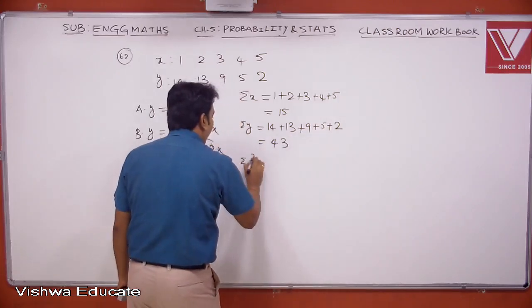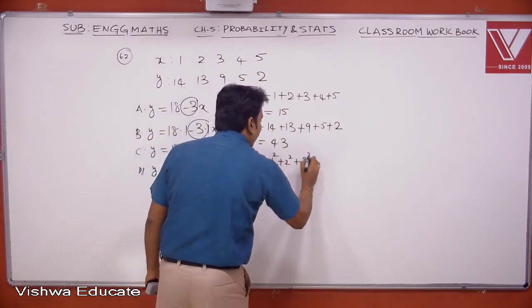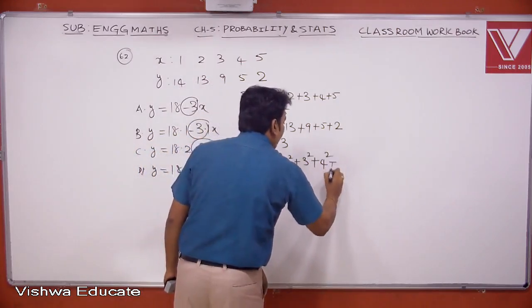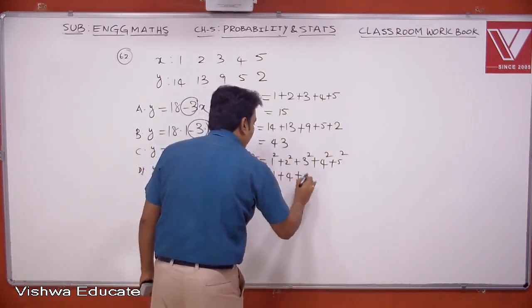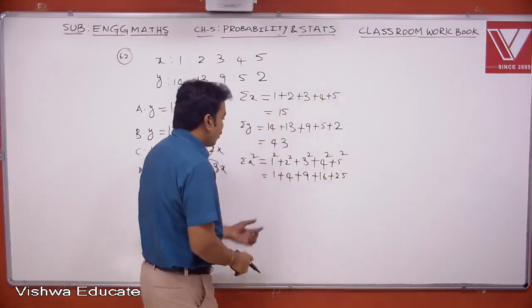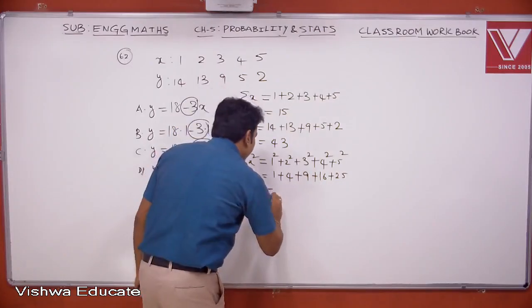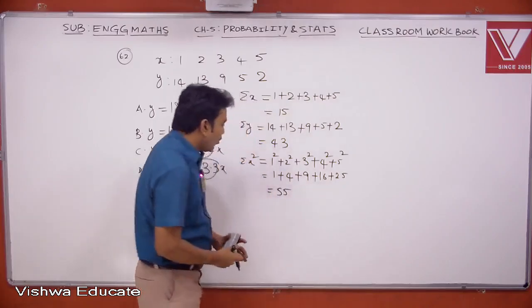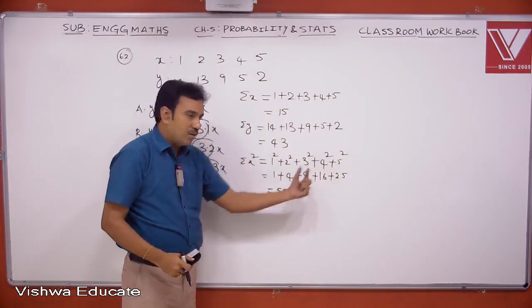Now sigma x square is 1 square plus 2 square plus 3 square plus 4 square plus 5 square. So this is 1 plus 4 plus 9 plus 16 plus 25. Let me check once again: 5 plus 25 is 30, plus 25 is 55.